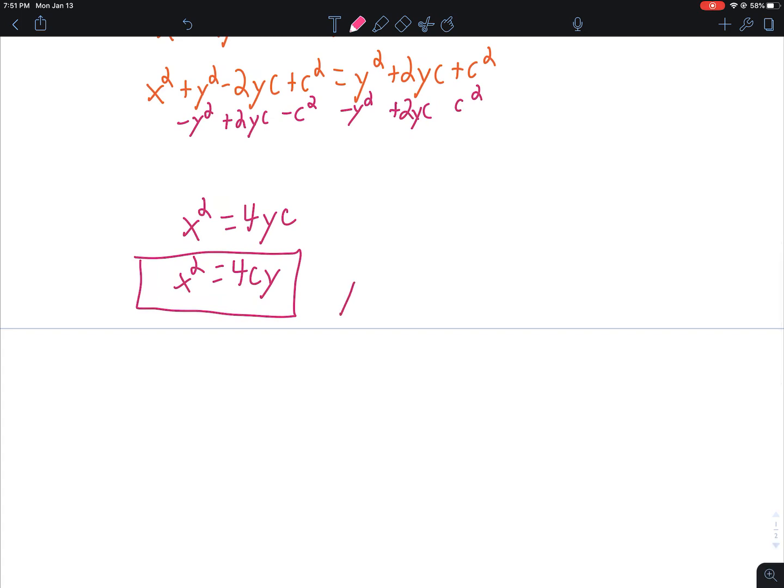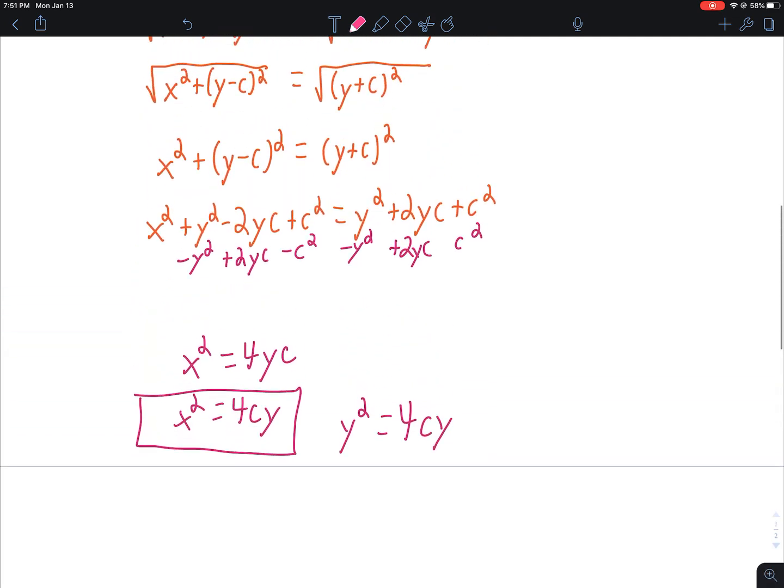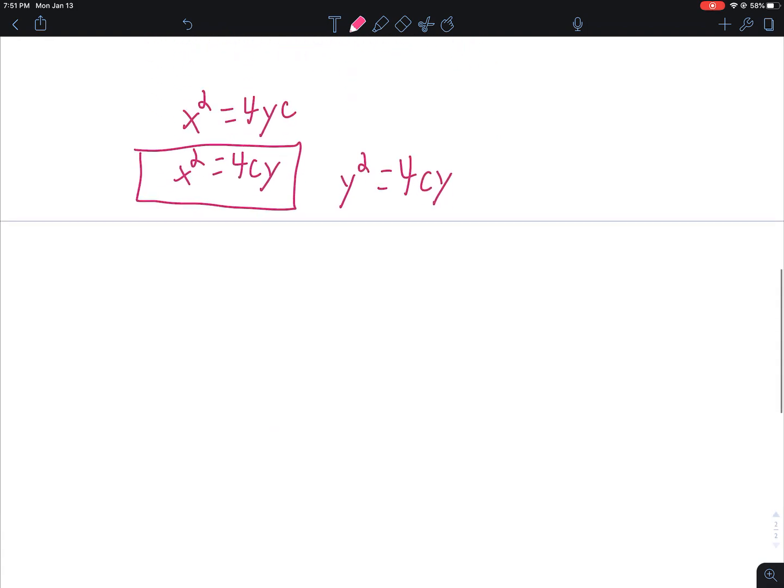You could also do the exact same thing for a horizontal parabola and get that. And then we can shift it around and do some transformations, and our main formulas that we should remember just end up being that.